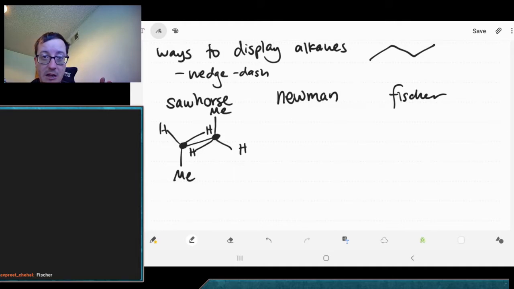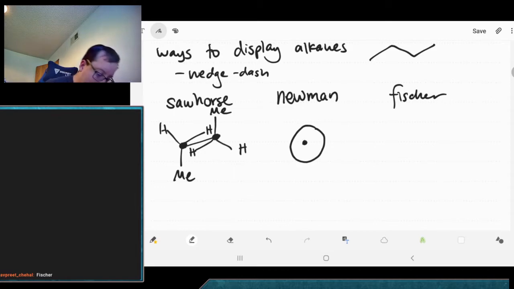With a Newman projection, it's the same idea, except we're going to be looking at a molecule head on. So if we're looking at that same bond, the way a Newman projection works is you're going to focus on your first carbon in the middle and your second carbon in the back. So I'm going to draw the same thing. A Newman projection looks like this.